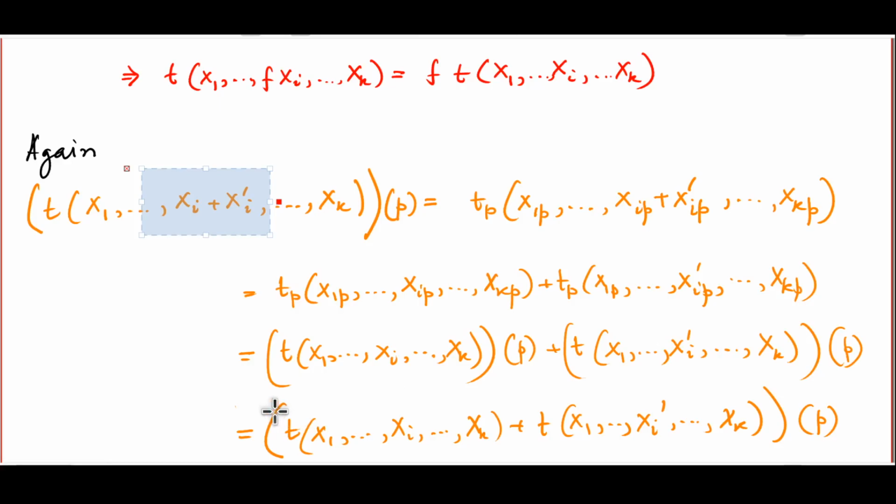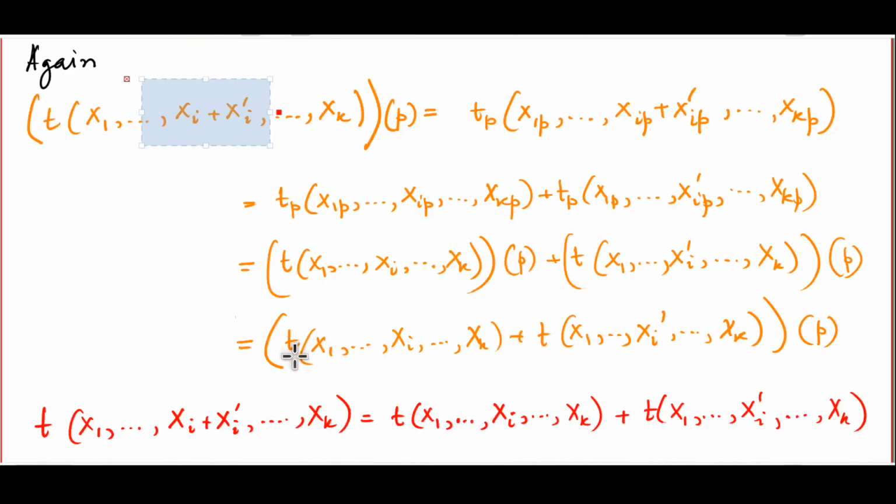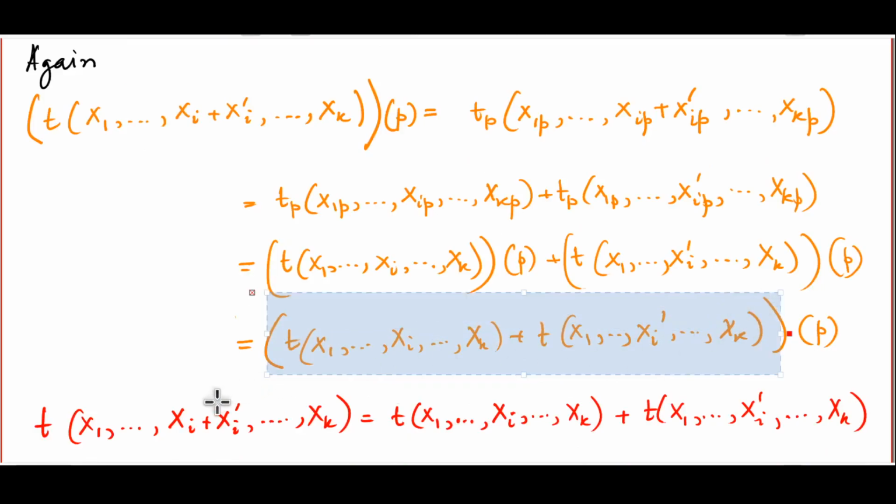And then by using the definition of the sum of two vector fields, we just get this result. Again, this is valid for all p.